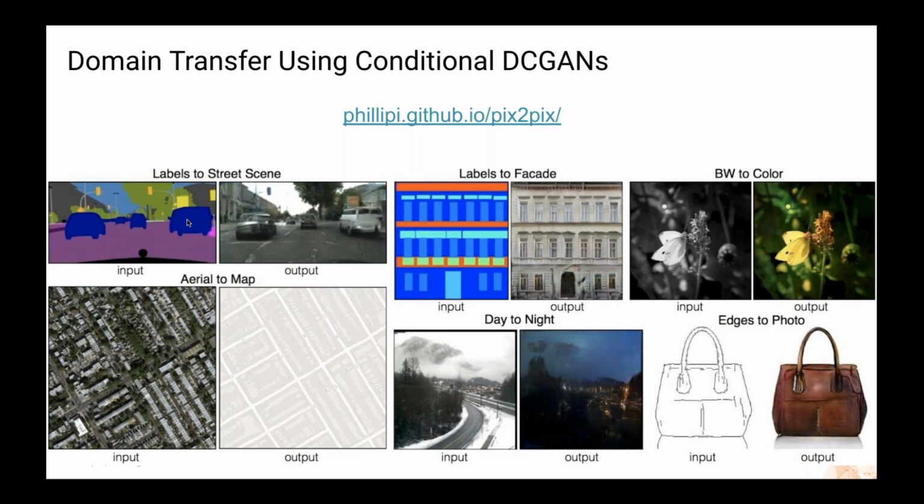The output from these DC-GANs can be a variety of different things, and I encourage you to go check out Phillip's work on this. It really is great work. We see a few of those settings here where we have potentially image segmentation to photograph domain transfer, and the same thing here, where we have black and white input to colorized output domain transfer.